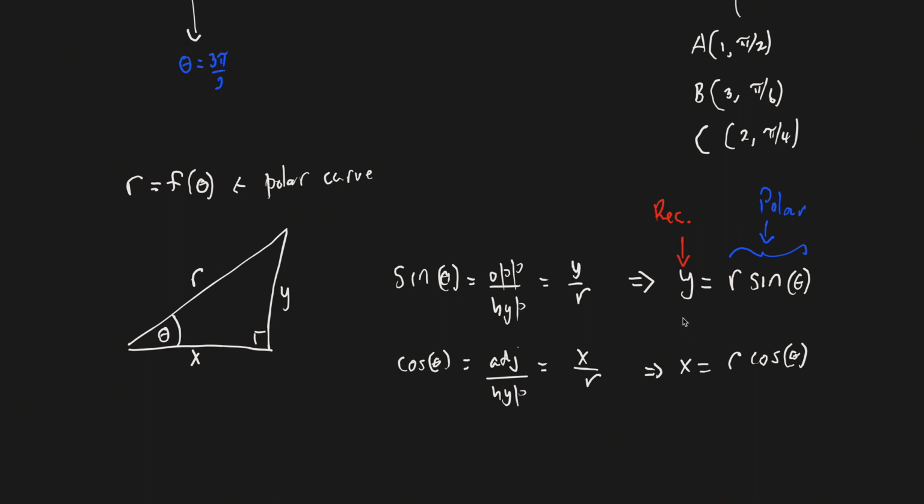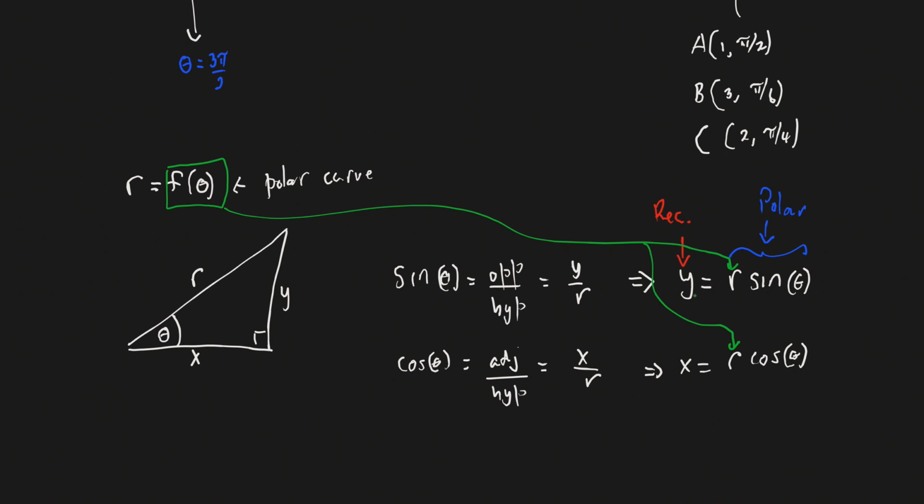And not only this, but think about it. Let's say I have an equation for a polar curve, r equals f of theta. What if I took the f of theta and plugged it in there and then plugged it in there? Then I would have y.